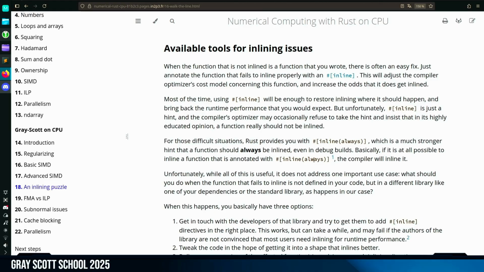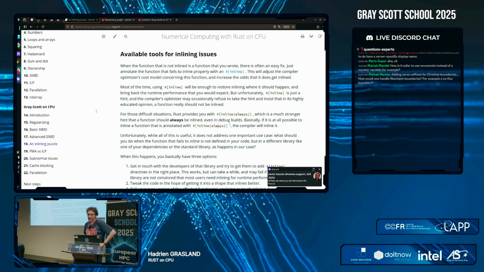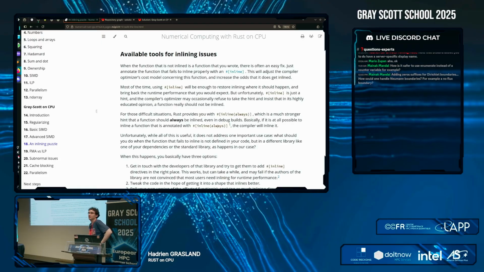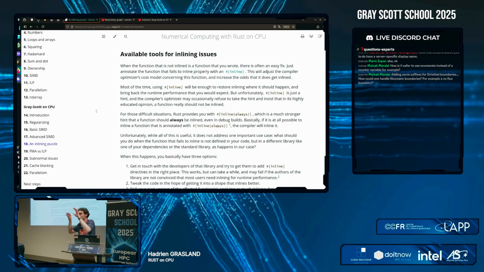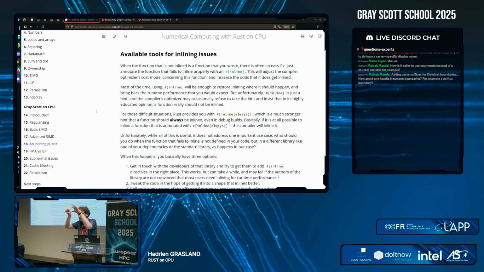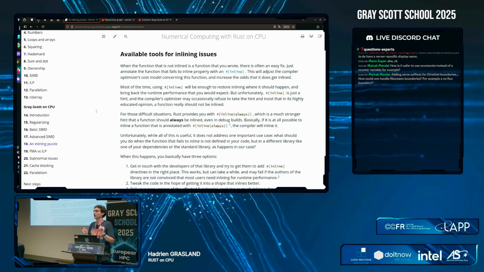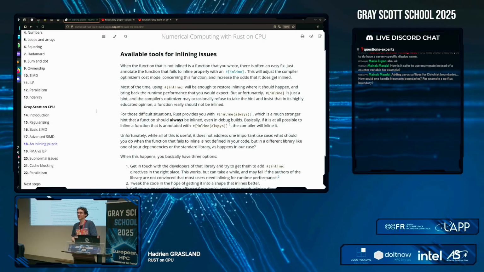What do we do when we have this? If you ask compiler authors, what they will tell you is, okay, we have a tool for you. You take your function that's performance critical. You put a little magic annotation on it called inline. And then the optimizer will know that this function should really be inlined, and it should not blindly decide not to inline it when it's important to performance.